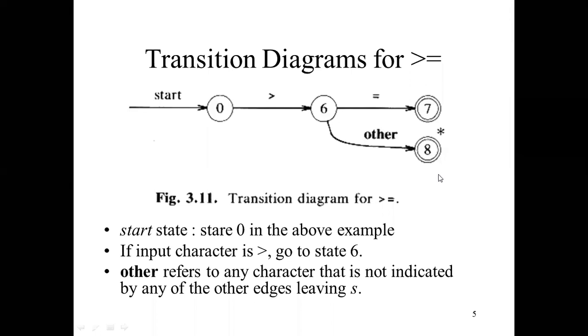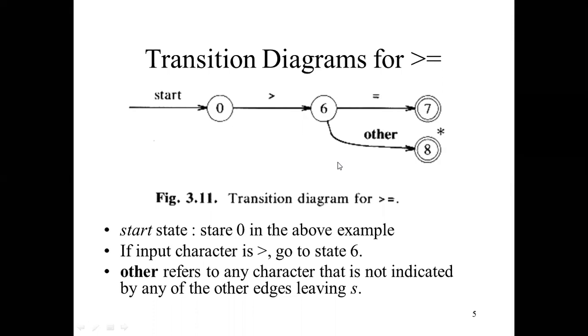Here it is necessary that we write other. From this branch, we will go for the next token, whatever we want. This is optional, but our target is to get only greater equal. So this is enough.